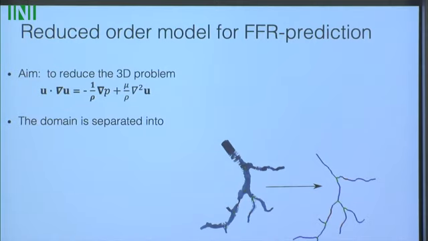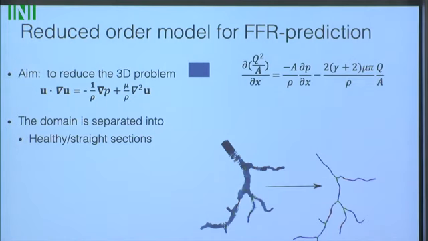In order to get from a 3D model to a 1D model, where we integrate these Navier-Stokes equations on the cross section, we separate the domain into healthy straight sections, colored by the blue color here, where we solve the stationary versions of the integrated Navier-Stokes equations, the 1D equations.